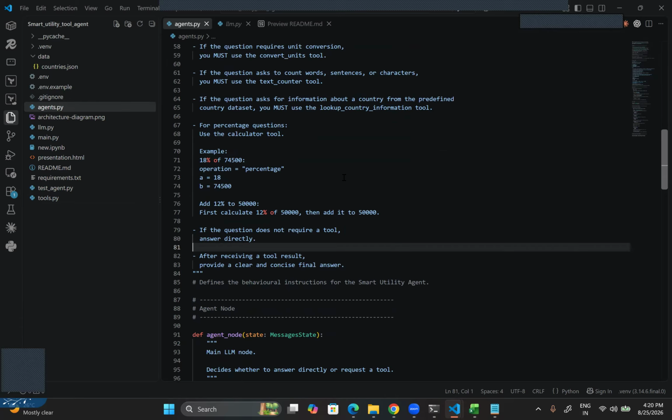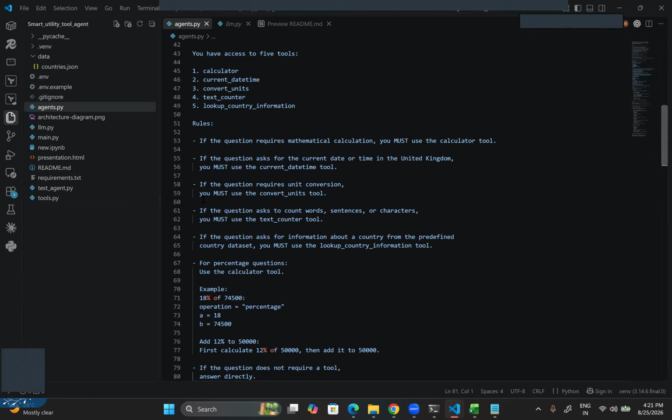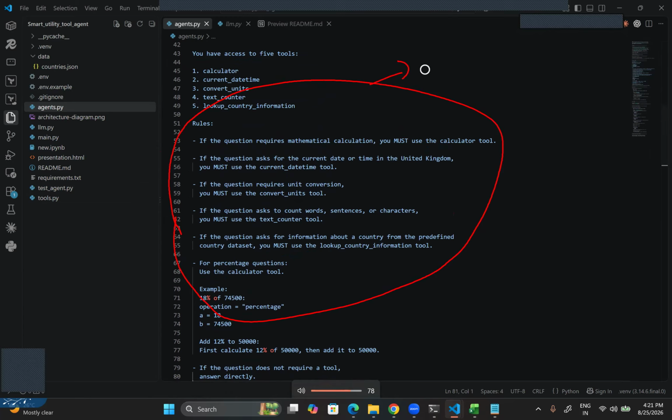So this whole part, you can say the rules, this whole part controls the model's behavior.